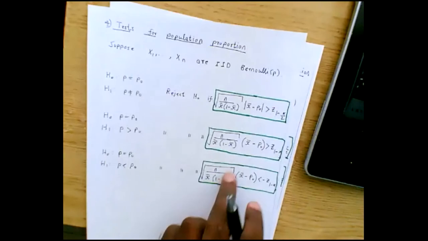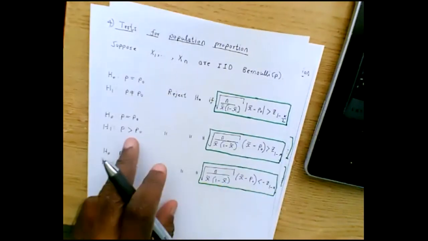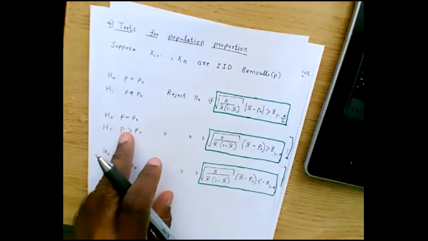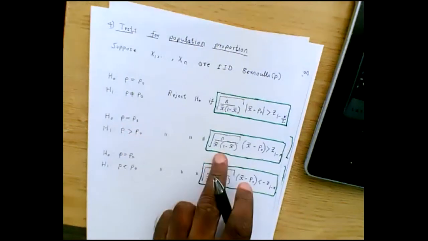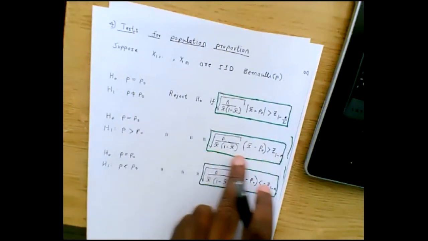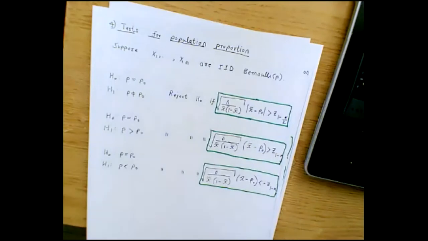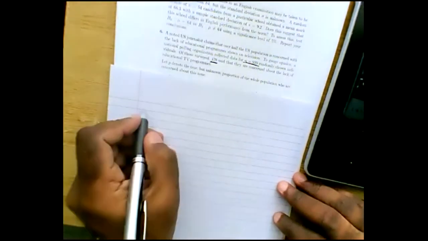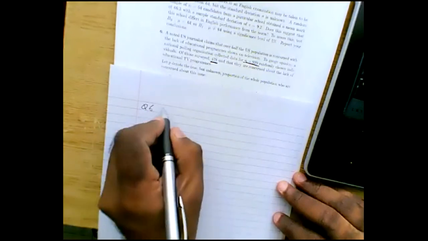Remember these 3 rejection rules I talked about last week. Now we are testing for P equal to something versus P greater than something. So this is the rejection rule that we need to talk about. Let me write it down. Thank you, Robert, for bringing this up.